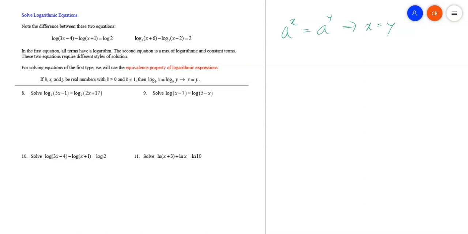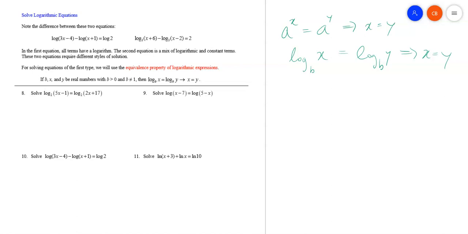Here we have an equivalence property for logarithmic expressions that says that if you have log base b of x on one side equal to log base b of y on the other side, then x and y are equal. This is the ideal case, where we can solve it by simply taking the arguments from the logs and making them equal to each other.